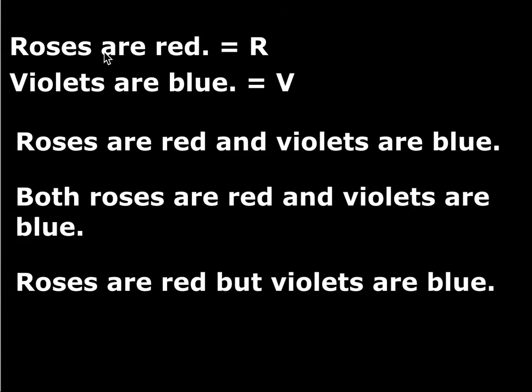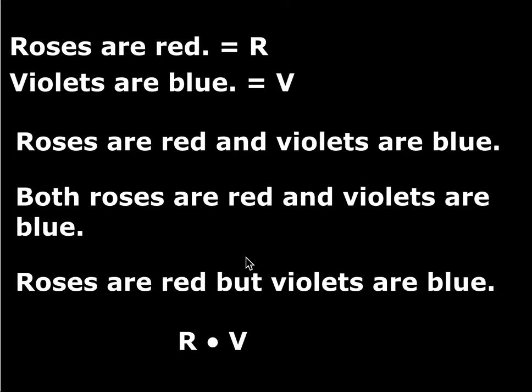So I'm going to use R for roses are red and V for violets are blue. If we use these two letters, then I can translate this conjunction, and these are all the same conjunction. These are just different words English has for conjunction, as R dot V. So we're going to use the dot for our conjunction operator in this course.